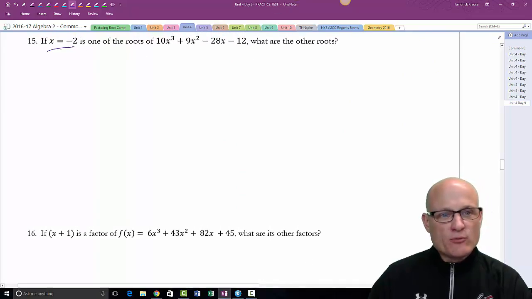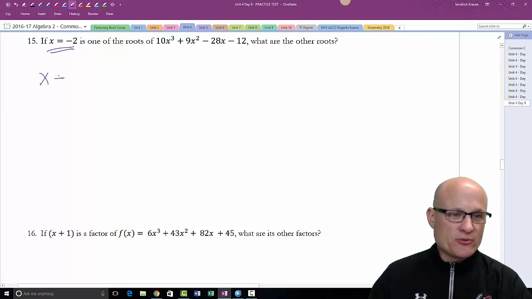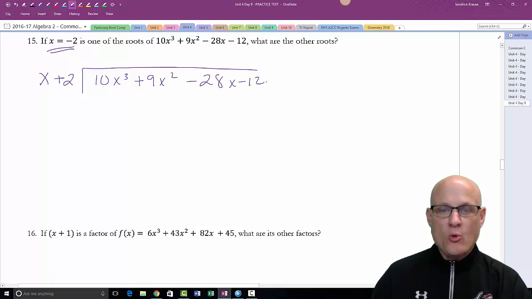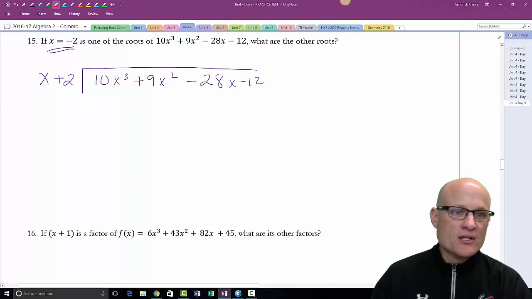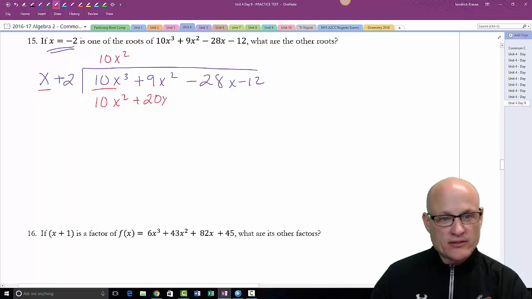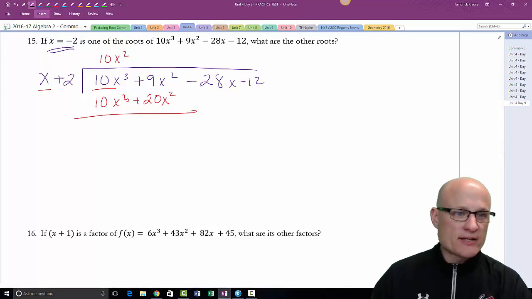So once again, I'm giving you a root. I expect you to find the factors. Okay, so the factor for this one is x plus 2, dividing into 10x cubed plus 9x squared minus 28x minus 12. So what do I have to multiply x by to get 10x cubed? 10x squared. 10x squared times both gives 10x cubed plus 20x squared. Subtract.